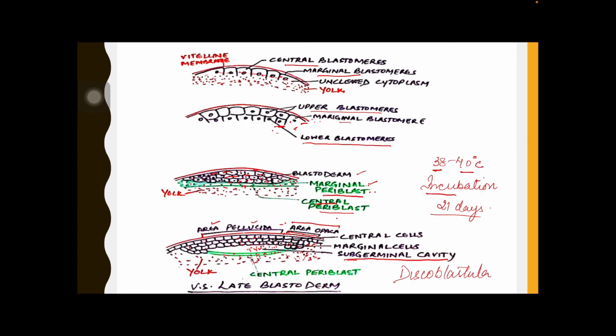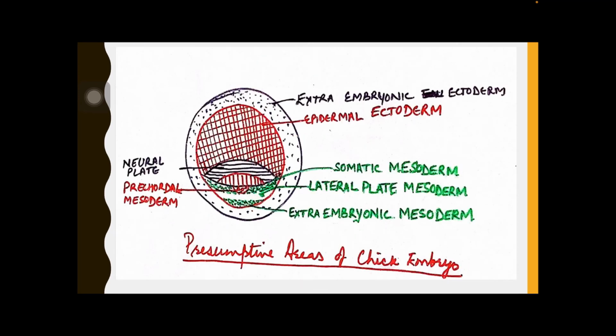We know that अभी हमने देखा कि blastoderm has two parts, that is area pellucida and area opaca, right? So this area opaca does not take part in the formation of any part of the embryo, right? So it forms only the extraembryonic ectoderm, right? So the whole fate map जो है, it is represented only by the area pellucida.